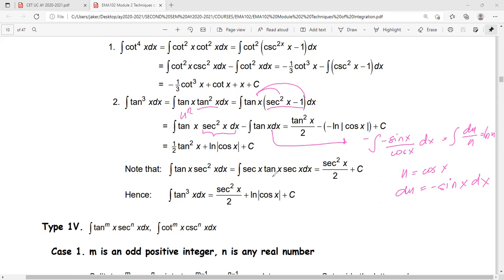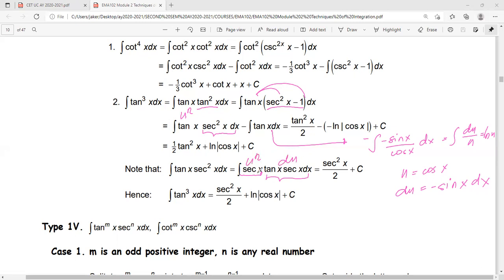You can split it, class, actually. You can split your tangent squared into a secant squared function here into secant x. So you will have secant x multiplied to secant x tangent x. This is your u raised to n, and this is the du.